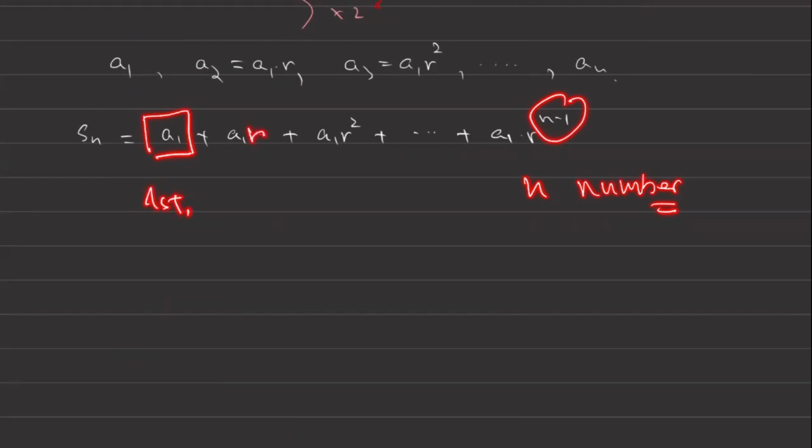But this R here in the second term actually has a power of 1, whereas in the first term, there's no R, which you can think of as A1 times R to the power of 0, because R to the power 0 just comes down to 1, which then gives you A1 itself for the first term. Since you are counting from 0, which is the first term, that is why the power of the last term is n minus 1.